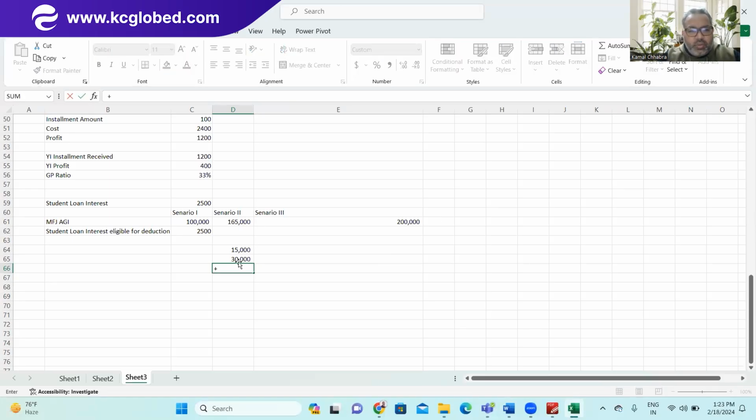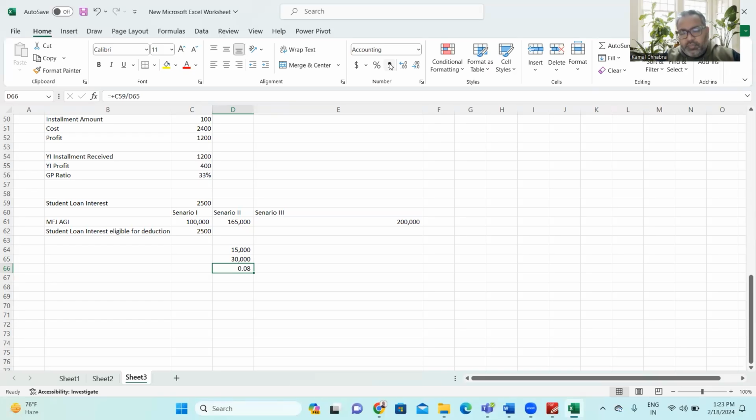That means $2,500 divided by $30,000. At every increase of $1 in income, there will be about an 8-cent reduction in the student loan interest deduction, right?